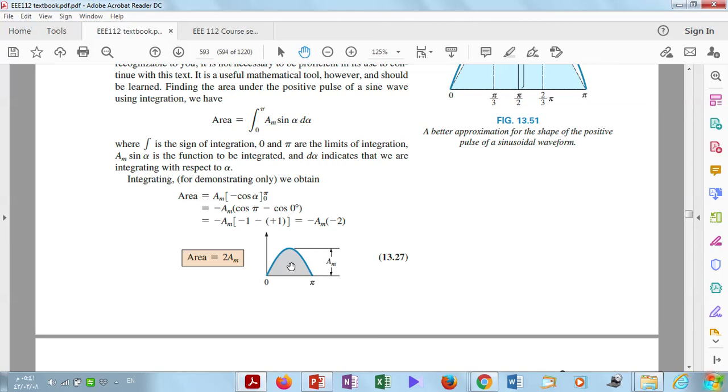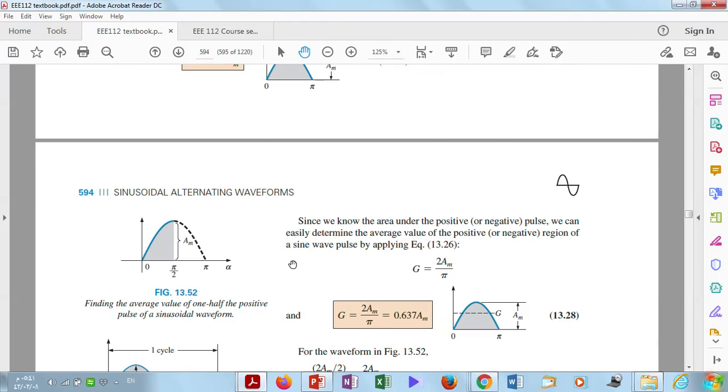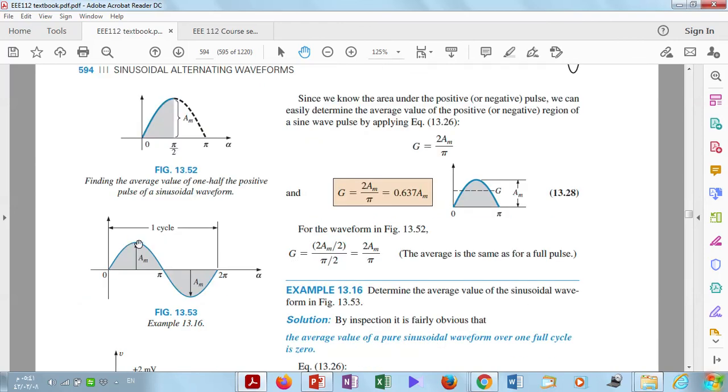But what if we have a full sine wave, positive and negative? Here Am, here Am by minus. This means the area here is 2 Am and the area here is 2 Am, but this one is positive and this one is negative.